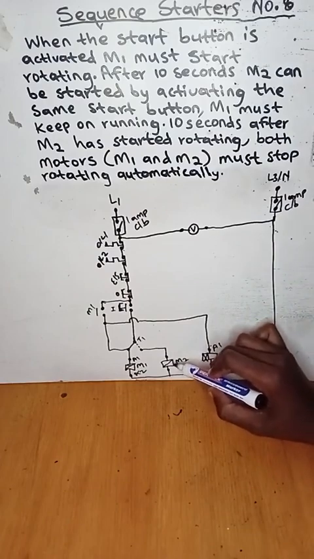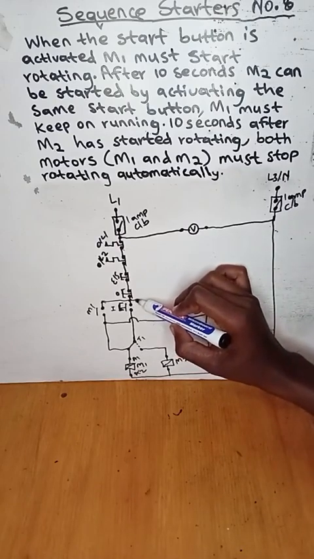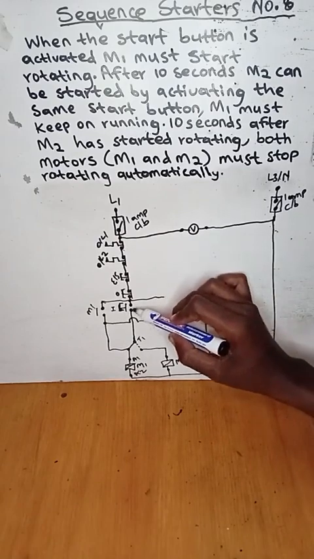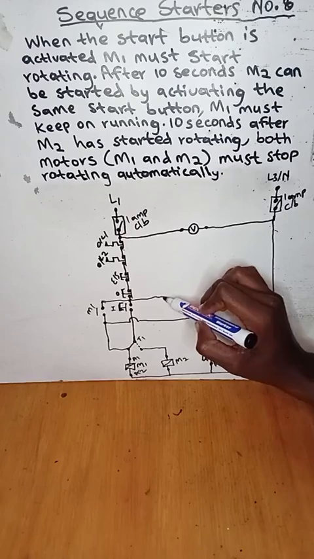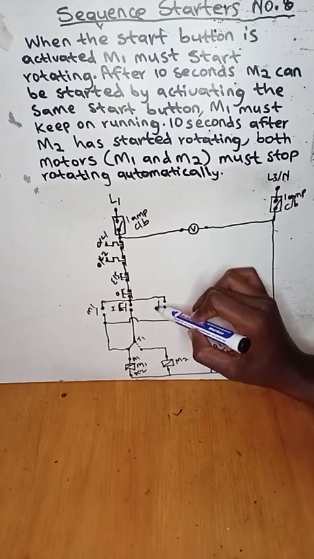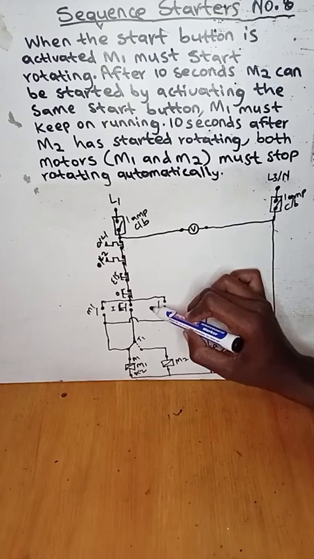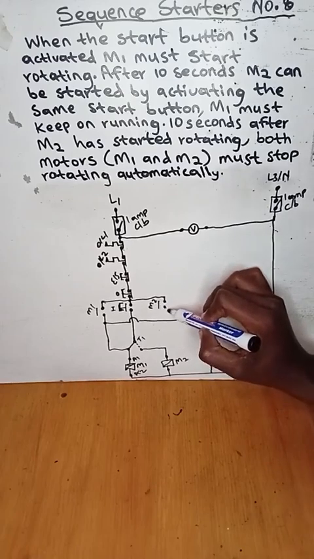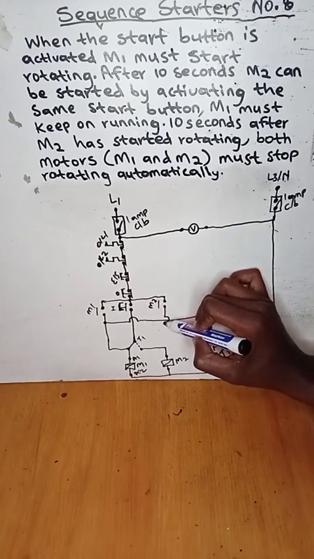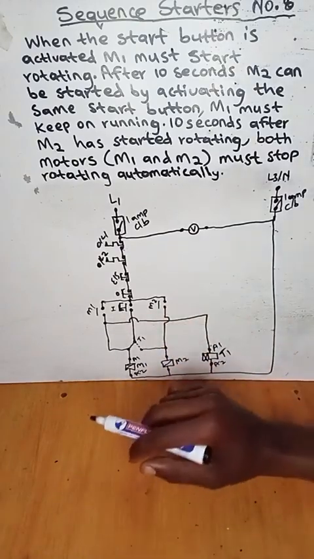When it's energized, it must affect its retainer. So the retainer will be looped before the start button, because this start button uses the connection of motor 1 and the connection of motor 2. That's why we'll bridge it the same as the retainer of motor 1.